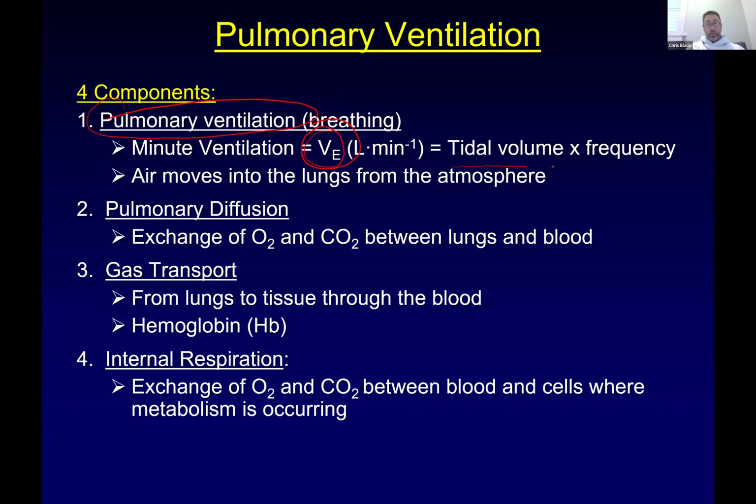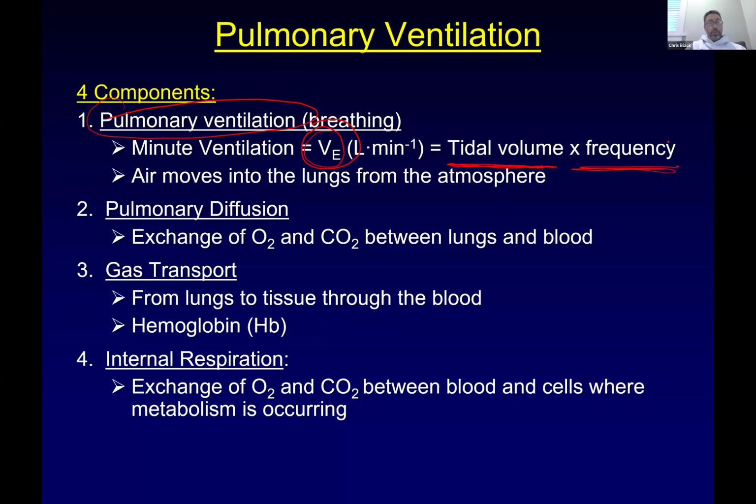One is tidal volume, which is the analog to stroke volume, and then frequency, which is the analog to heart rate. Tidal volume is the amount of air that moves into or out of the lungs per breath, and frequency is how many times we breathe in a minute. You multiply those two things together, and we get a volume of air that moves. That's what we refer to as minute ventilation. Okay.